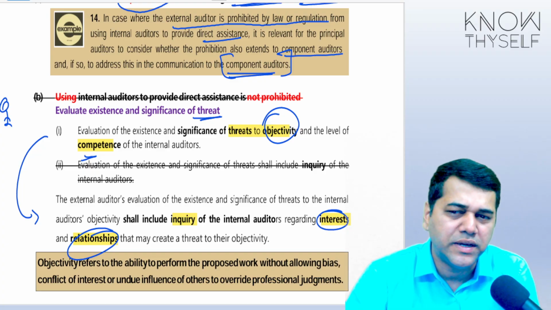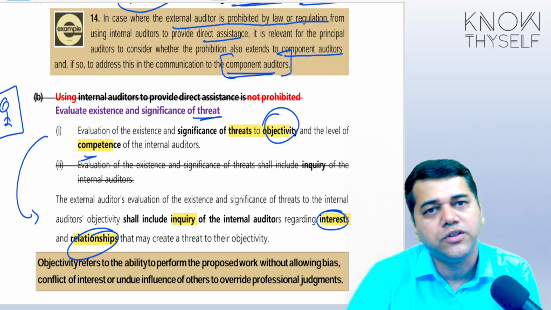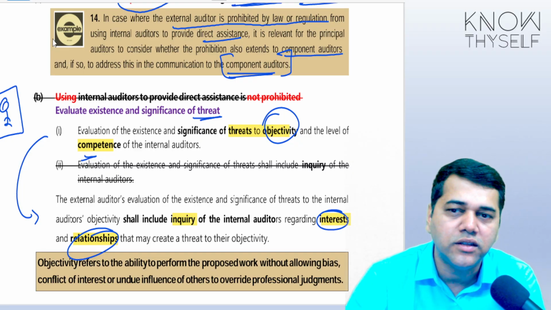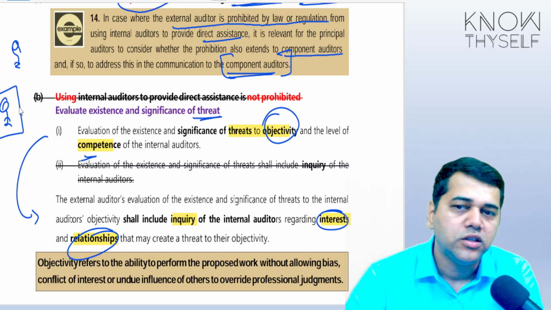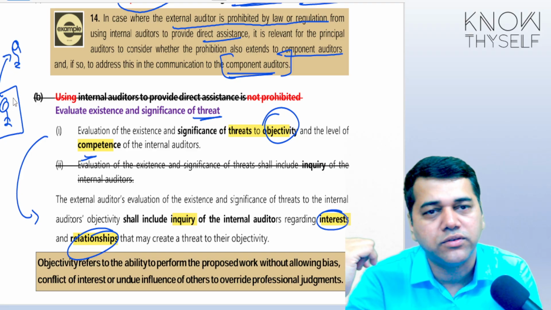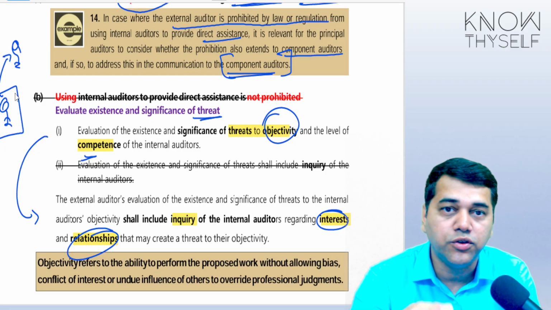Do you expect that this person will work objectively with you? Because they know you are the auditor only for 5 years, and you come only once in a year. After this work is complete, you go, and they have to go back to the same organization and report to the same boss. So do you think these people will show devotion to you or to their boss? They might do some work for you.